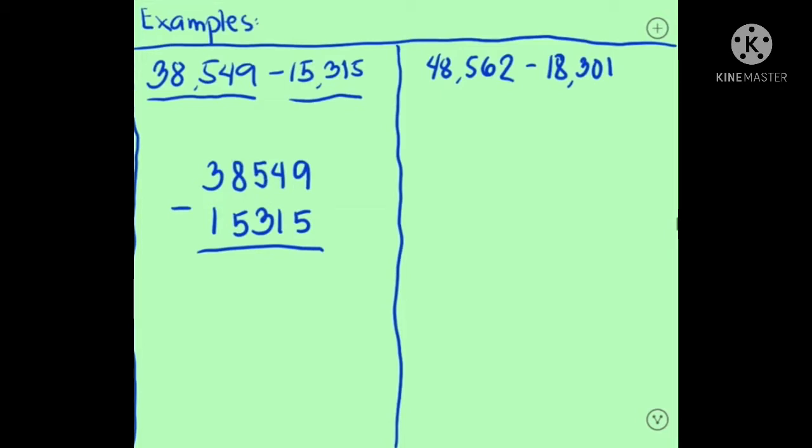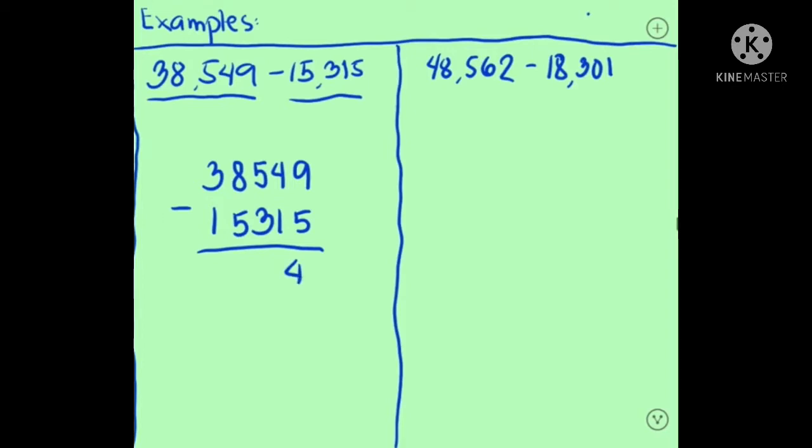So all of these digits in the upper part are greater than the lower part. That means we can use subtraction of numbers without regrouping. Let's do the solving. We have 9 minus 5 first. 9 minus 5 is 4, correct?